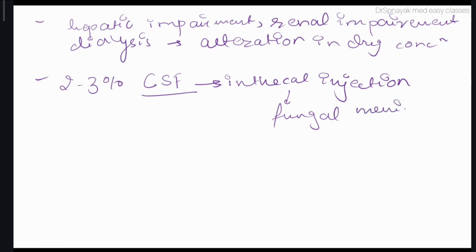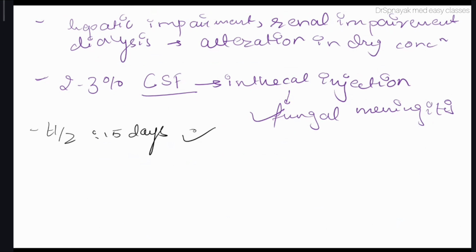If it is caused by fungi, then we can give amphotericin B as an intrathecal injection as well. Talking about the half-life, the half-life of amphotericin B is approximately 15 days.